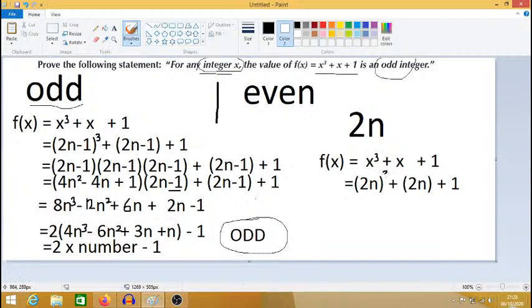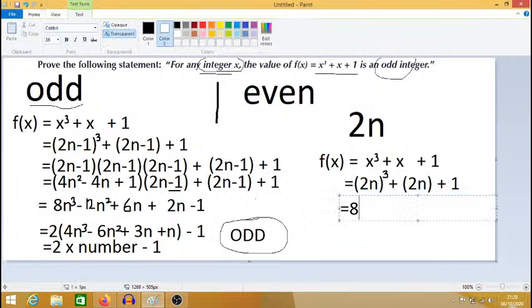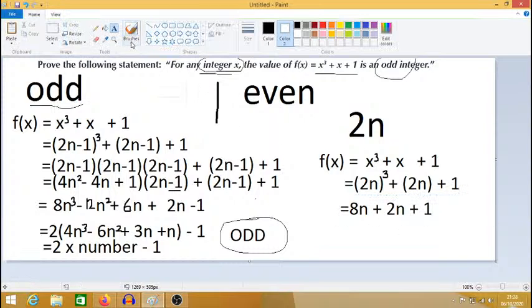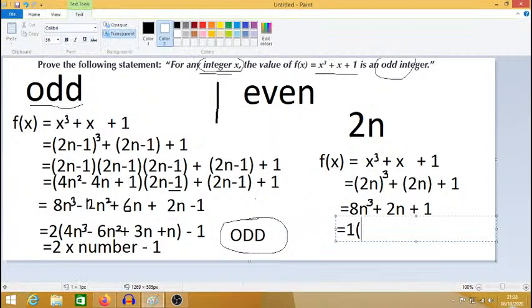Here the cubed applies to both the 2 and the n, so you end up with 8n cubed plus 2n plus 1. You notice the 8 and the 2 are both multiples of 2, so we can factorize and bring 2 to the front. We have 2 times 4n cubed plus n plus 1.